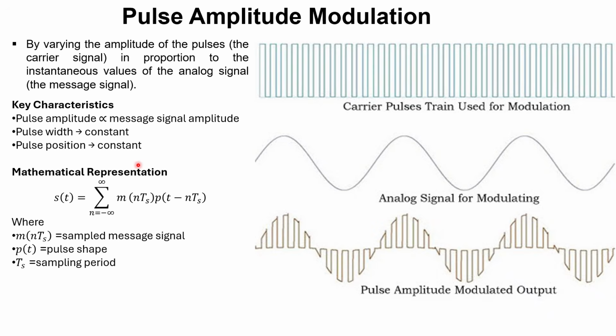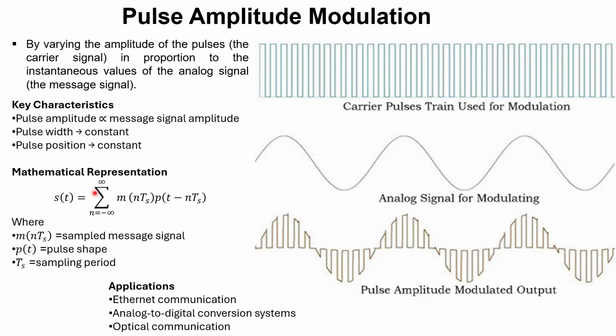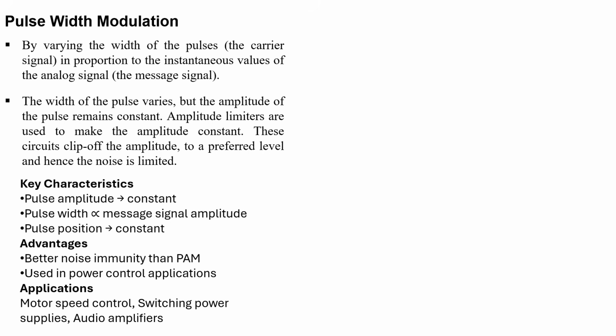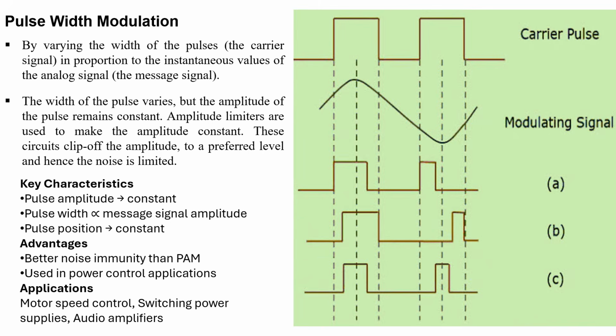Here m(nTs) is the sampled message, p(t) is the pulse train, and Ts is the sampling period. The key characteristic is that the amplitude varies with respect to the message signal, and the pulse width and pulse position are fixed, right? As examples, the applications are Ethernet communication and ADC, optical communication. These are the examples.